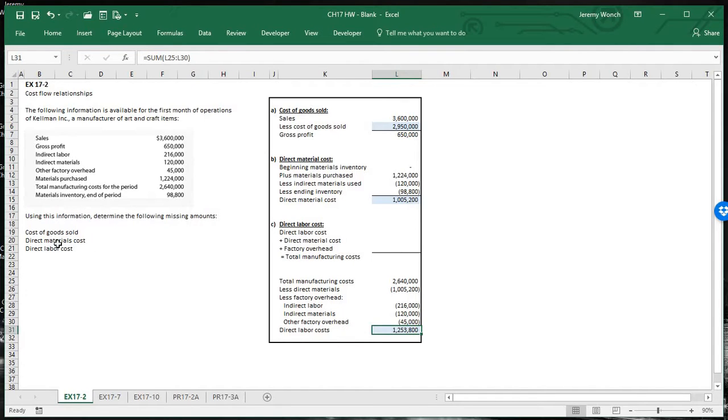They just give us a bunch of information, and we just have to rearrange it to get the missing number. So not too bad at all.